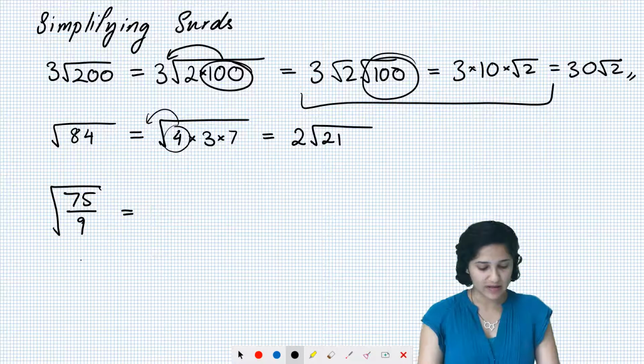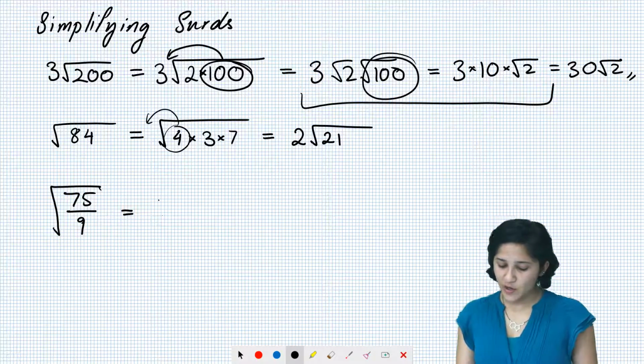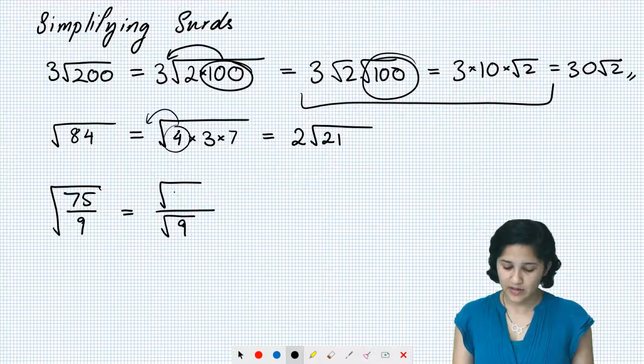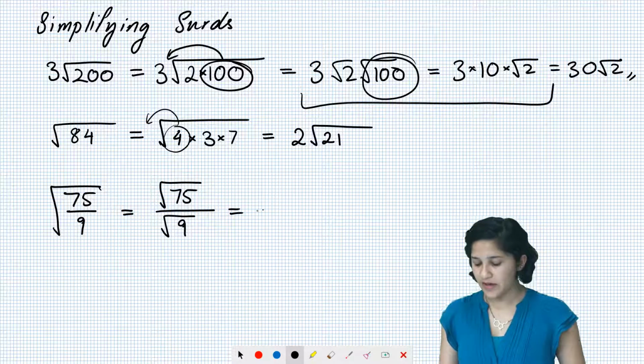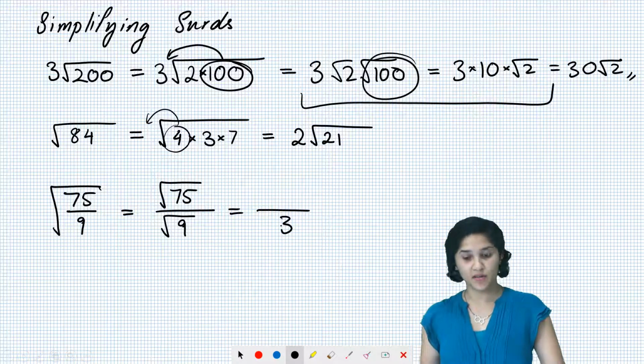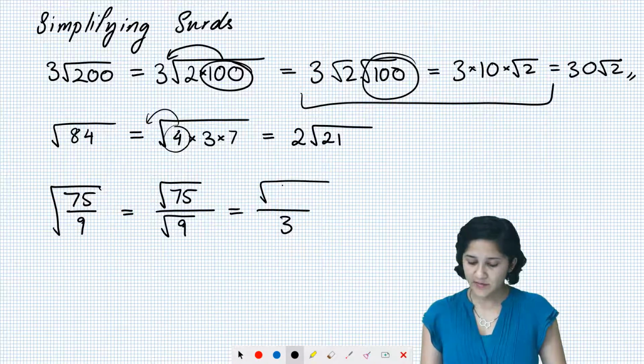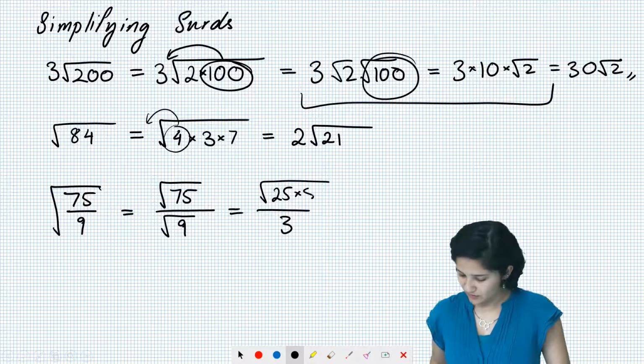Okay. And looking at this example finally, we know that the square root can be distributed over the two things. So square root 9, square root 75. And now the 9 straight away simplifies to 3. The 75 has factors 25 and 3.